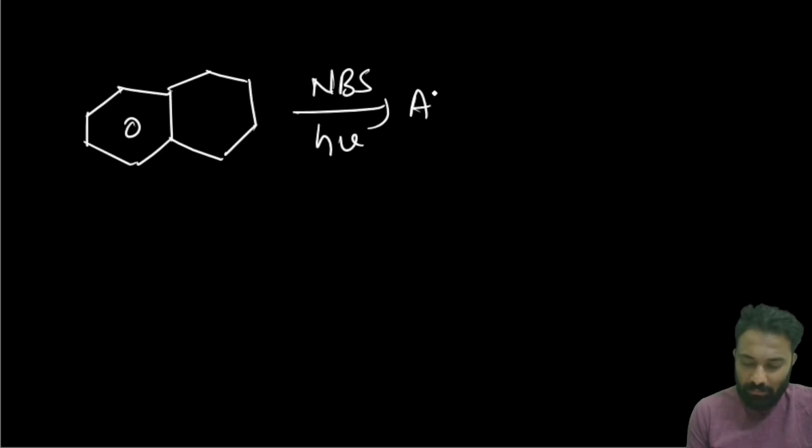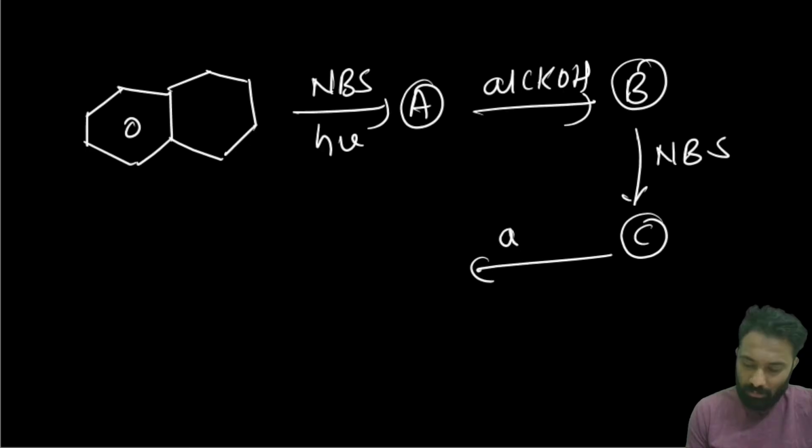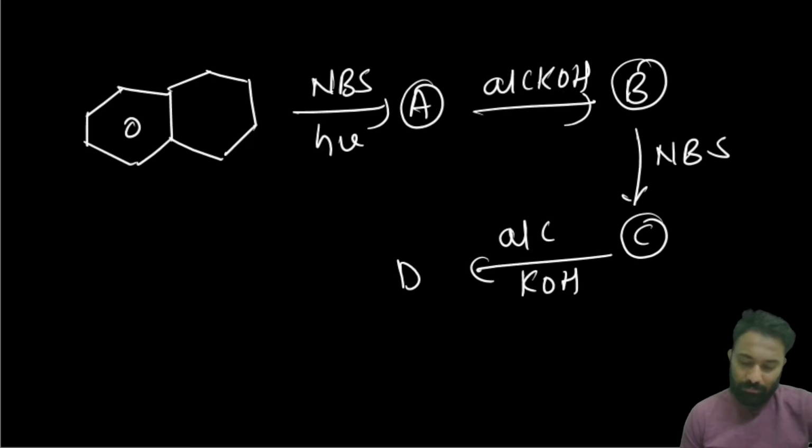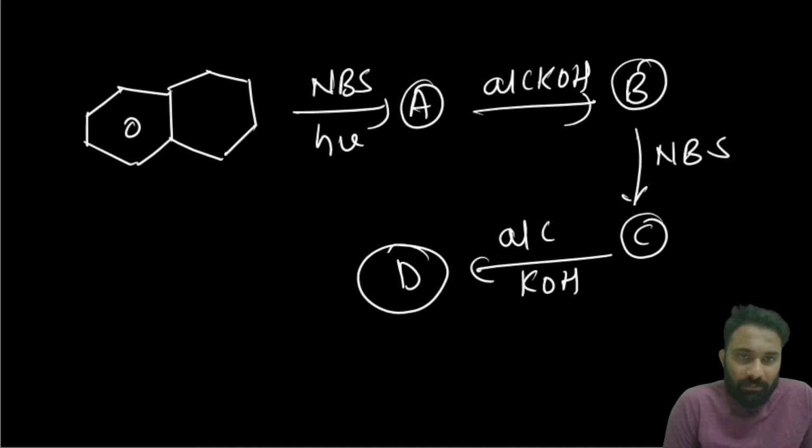It will give A, which upon alcoholic KOH gives B. Again B upon NBS gives C. Again this C upon alcoholic KOH gives D. What is the D product name?